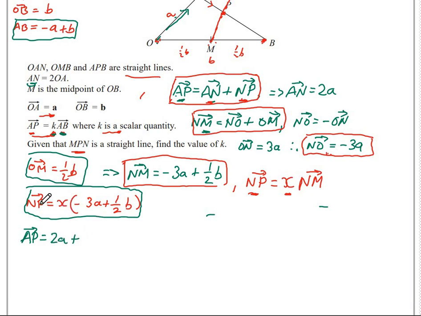This is our expression for MP, so x times (minus 3a plus half b). Now we can expand out the brackets.